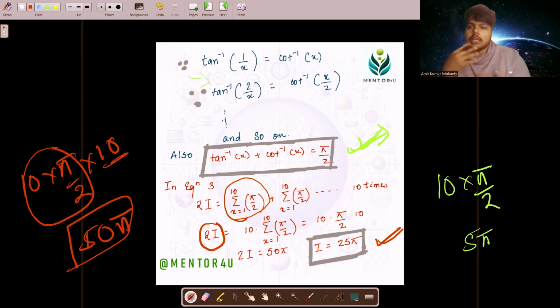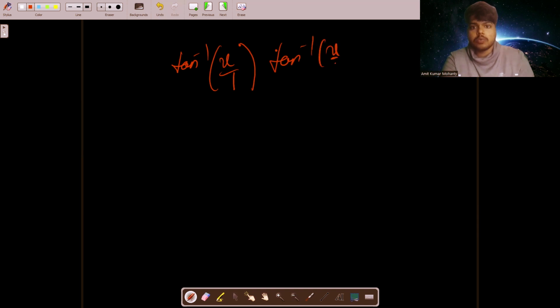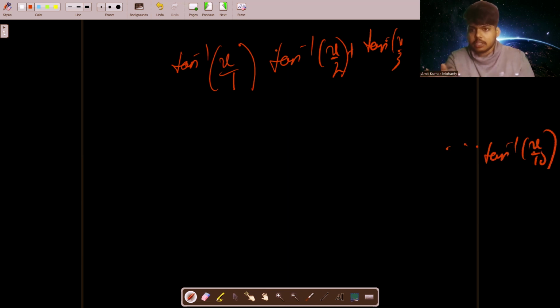Yes. Or in other words, if you try to understand what is happening here, try to write the particular values in another way. Let's say you can write in terms of tan inverse x upon 1 plus tan inverse x upon 2 plus tan inverse x upon 3, in that particular way, dot up to tan inverse x upon 10. That is the method for the first step if you are keeping x as constant.